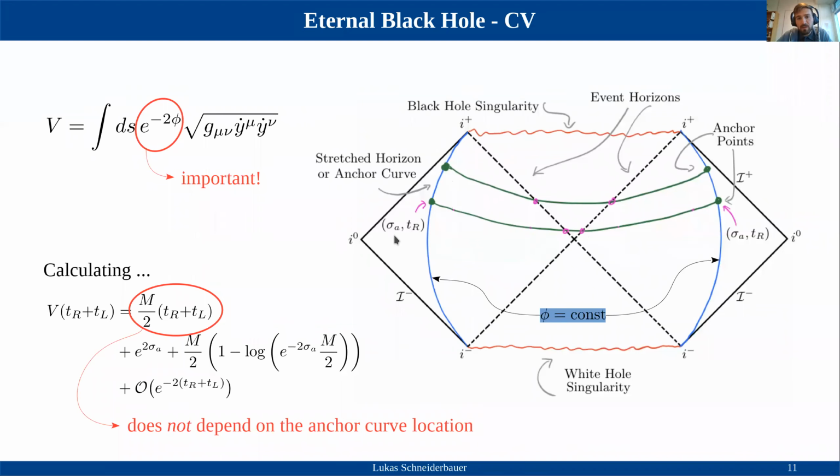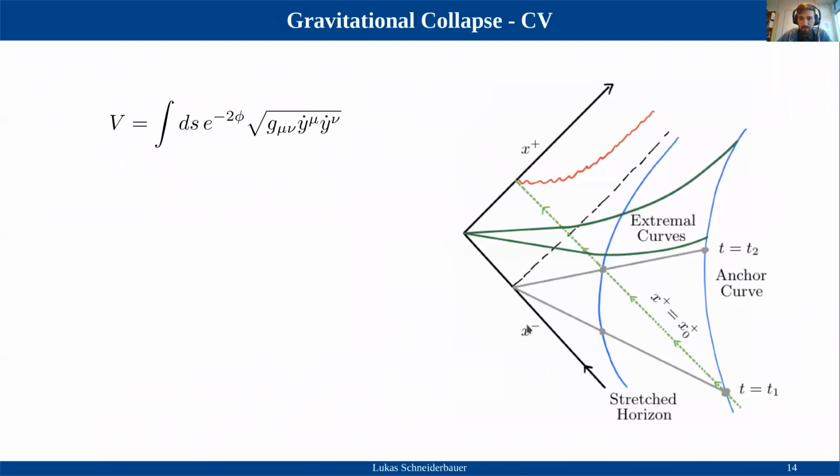In this case, phi equals constant turns out to be, using the definition I gave earlier, with the area. Yeah, exactly. So that is not quite true in this case.